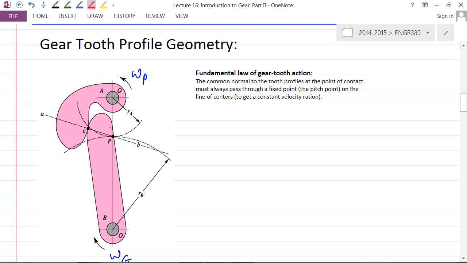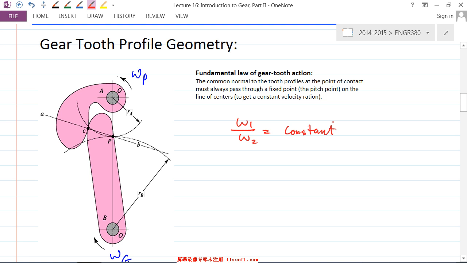What you want is to make sure that the transformation of the angular velocity is constant. So basically you want omega 1 over omega 2 equal to a constant. And that's actually what we really want for a gear. You want a constant angular velocity ratio between the pinion and the gear.